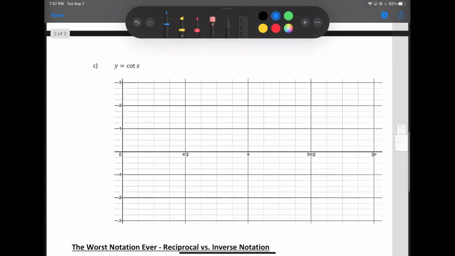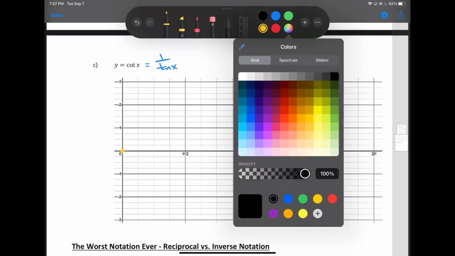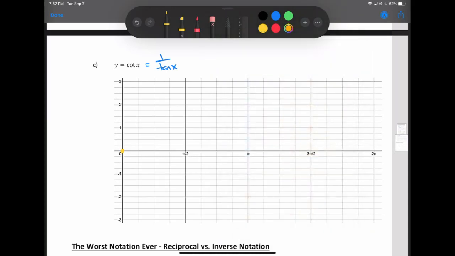Okay, cotangent is 1 over tan x. Tan x has a 0 here. I want to be careful about the colors I use, just so it's not confused. Tan x does have an asymptote at pi over 2.